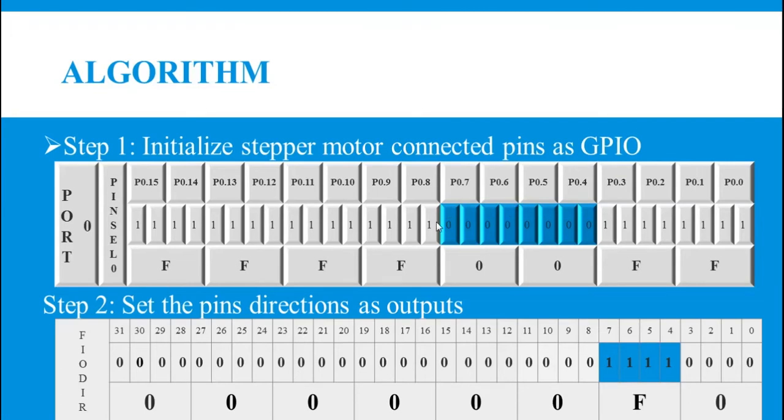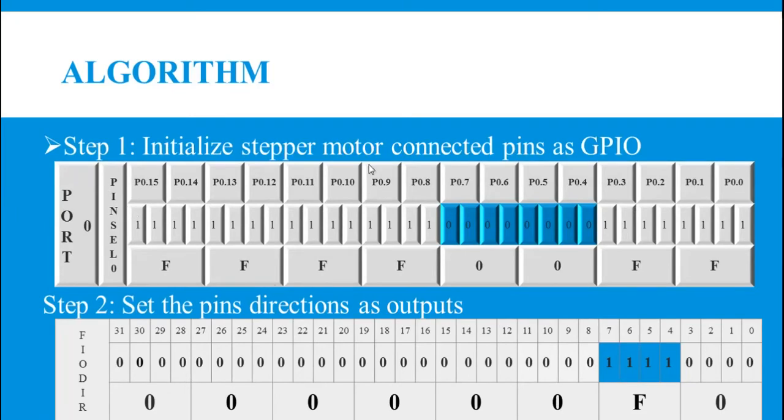So the particular positions of this register have to be made 0, whereas the rest of the positions of the register must be padded with 1, and the obtained value is FF00FF. This value should be ANDed with the original value of the pin selection 0 register. Thereby you are ensuring only these 4 pins, that is the 4th, 5th, 6th and 7th pins, will be configured as GPIO and you are not affecting the functionality of the rest of the pins of the port.